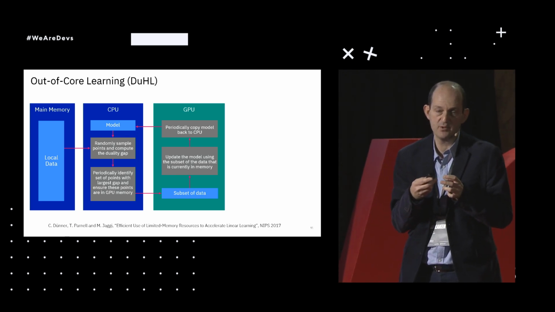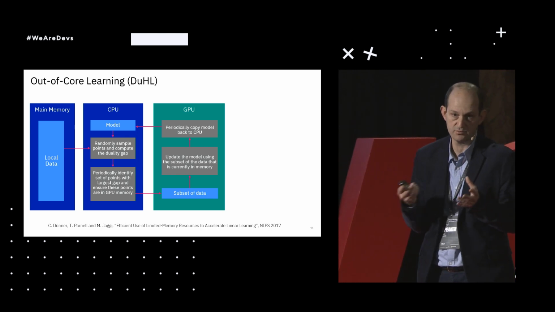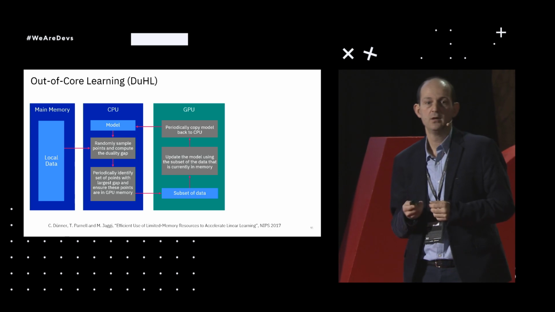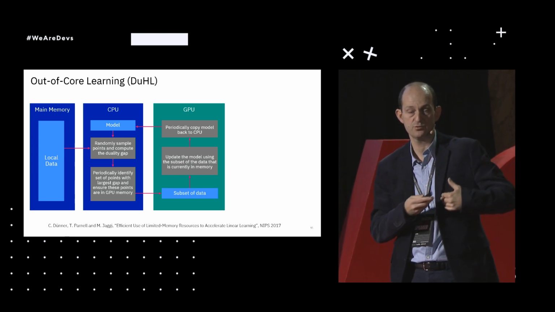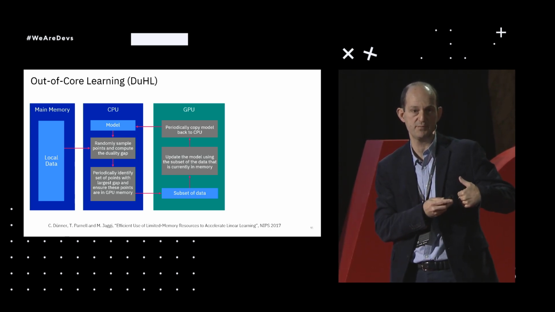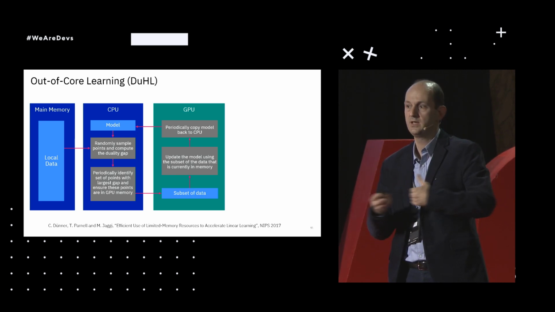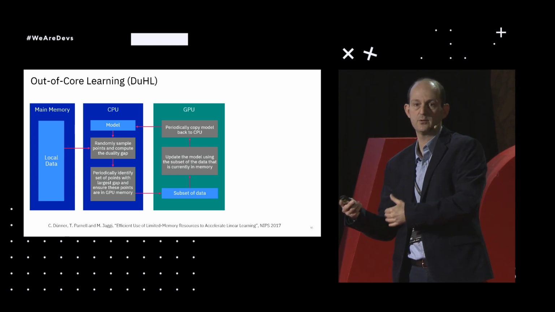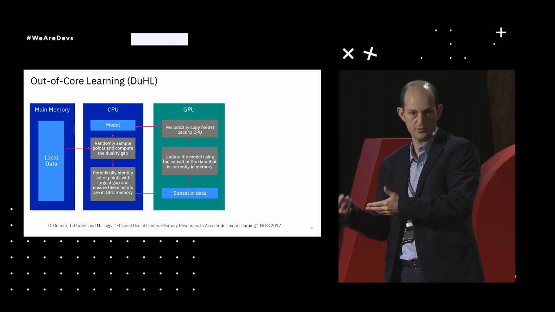However, this memory is very limited, up to 32 gigabytes today in a modern GPU. So what do you do? The simplest thing is to transfer data from the CPU memory to the GPU memory in chunks. You transfer one chunk, train on that chunk, and when you're done, you transfer the next chunk, and so on and so forth.